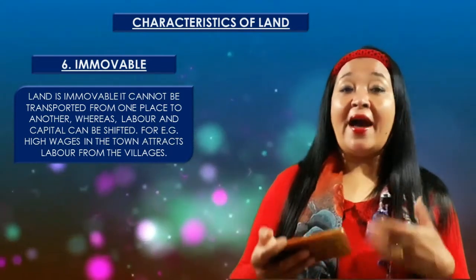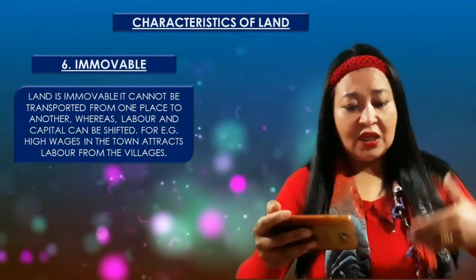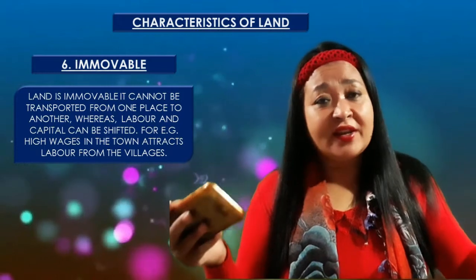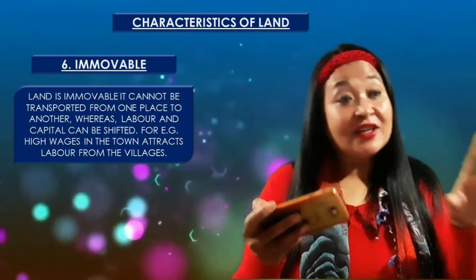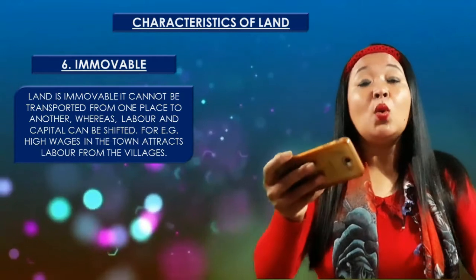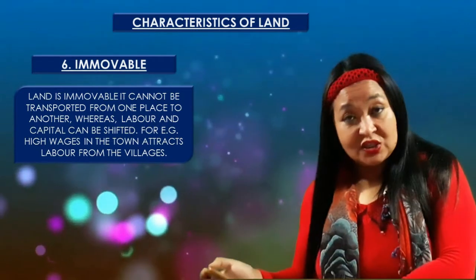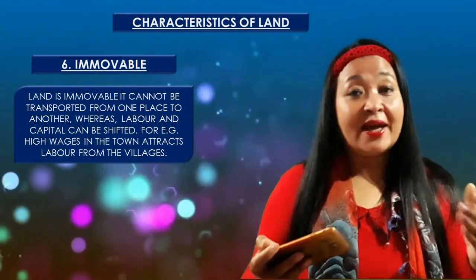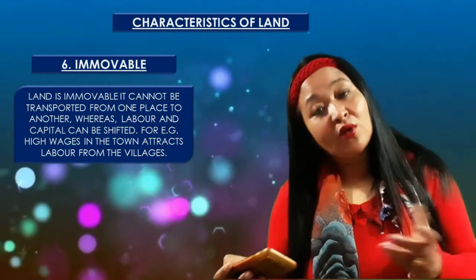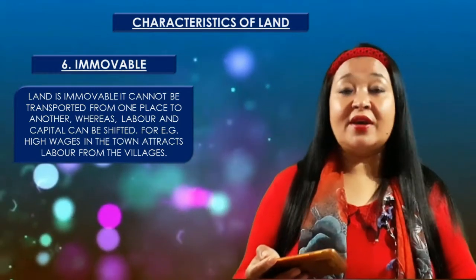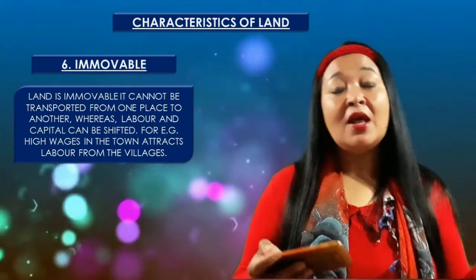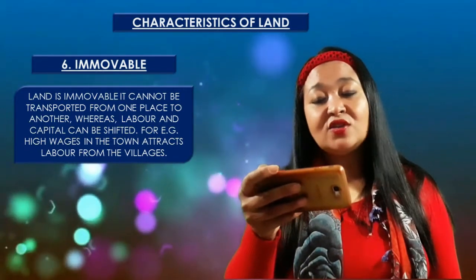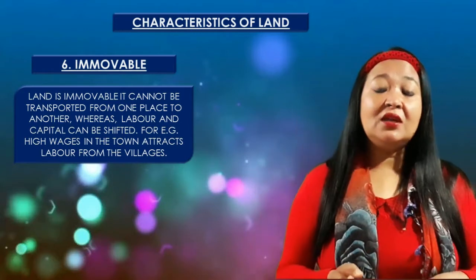Usually, higher wages in town areas and metro areas can attract workers from the villages. If they are getting handsome salaries, they can always migrate from villages to town areas. So labor is movable. Likewise, capital is also movable.